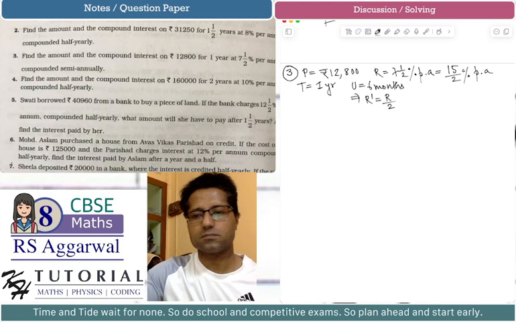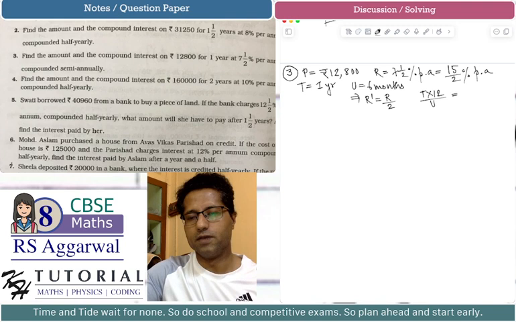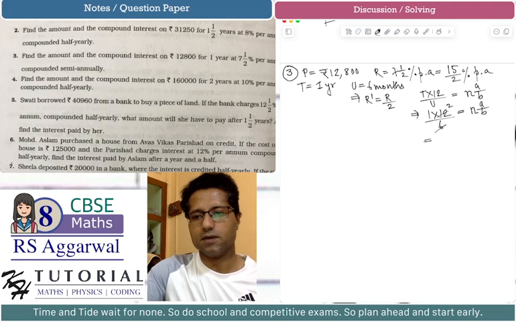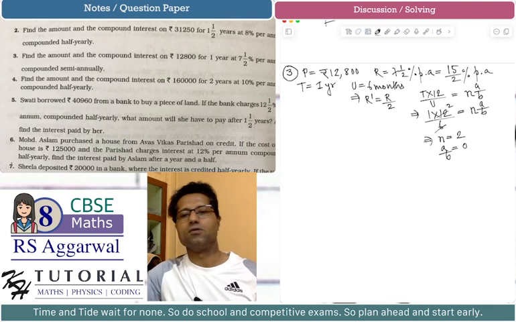Also, T multiplied by 12 divided by U we will express as N and the mixed fraction A by B. T is 1, so 1 multiplied by 12 divided by 6 is equal to 2. So N is equal to 2 and the fraction A by B is 0.